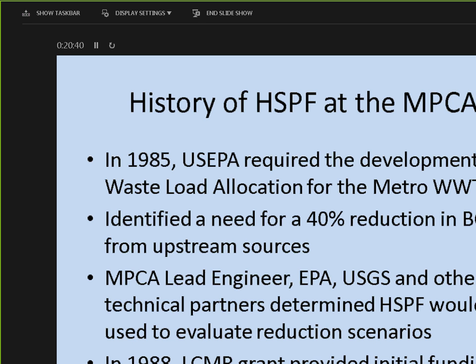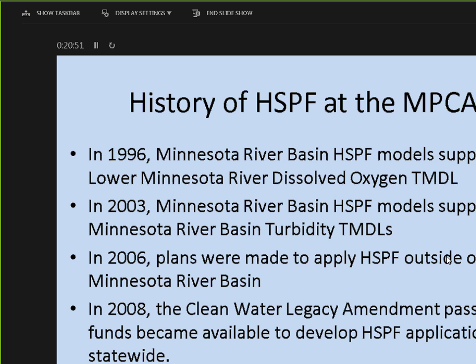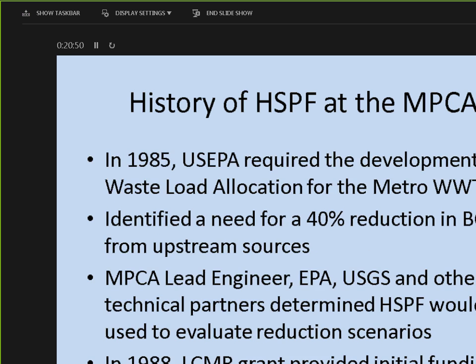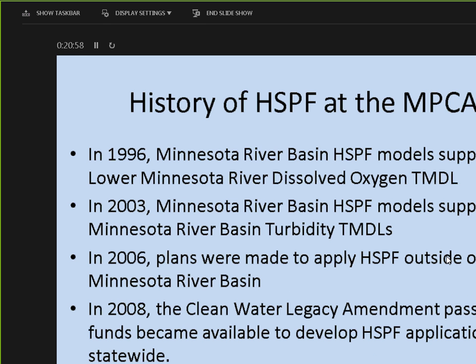In 1988, an LCMR grant provided the initial funding, and in 1996, the Minnesota River Basin HSPF models were used to support the dissolved oxygen TMDLs.